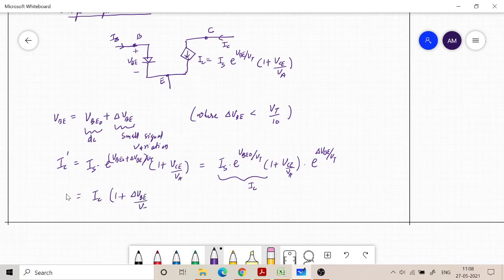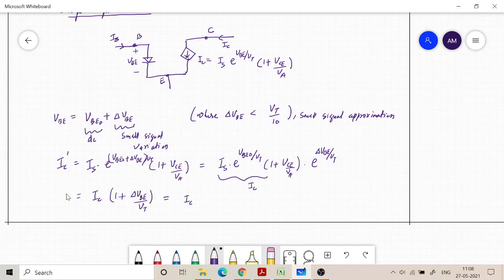I am neglecting all the other terms, because under this small signal approximation I can neglect all the higher order terms.